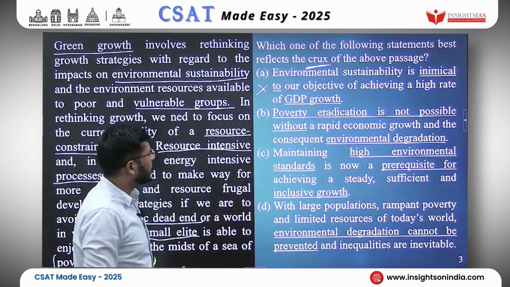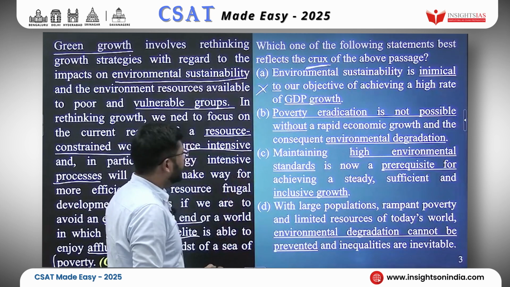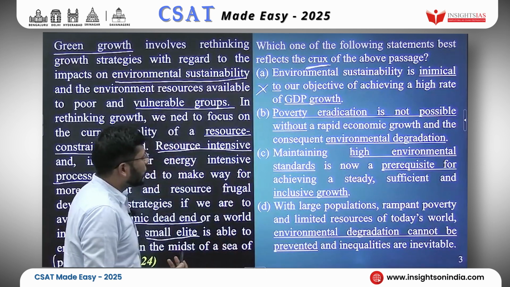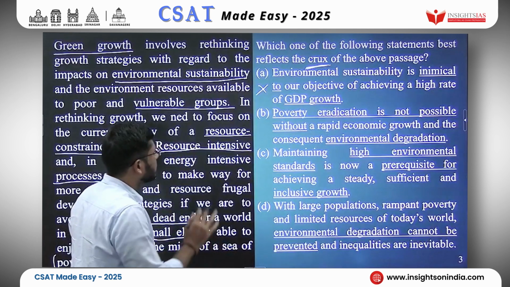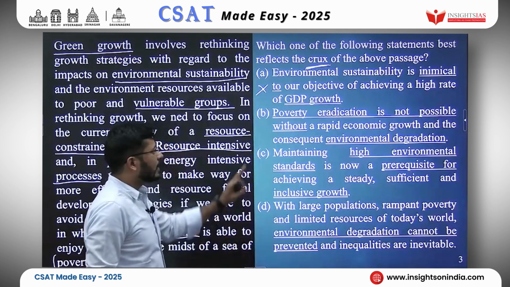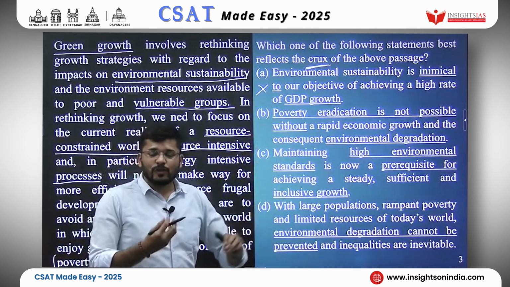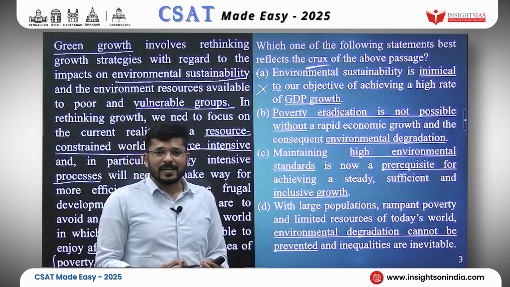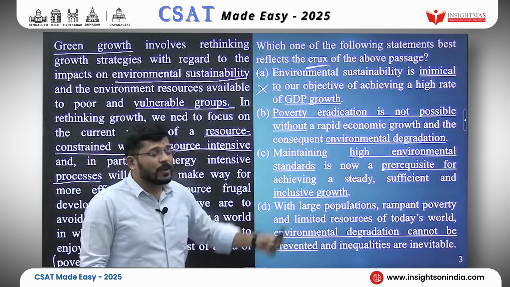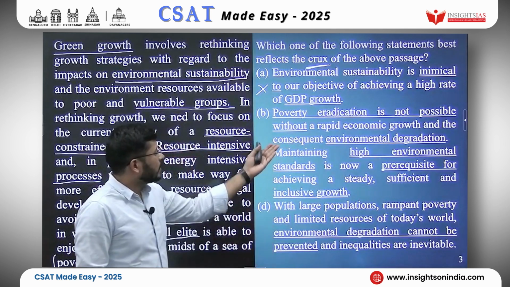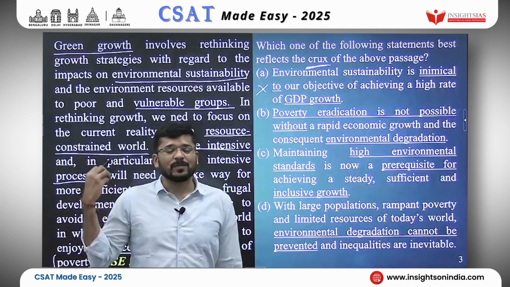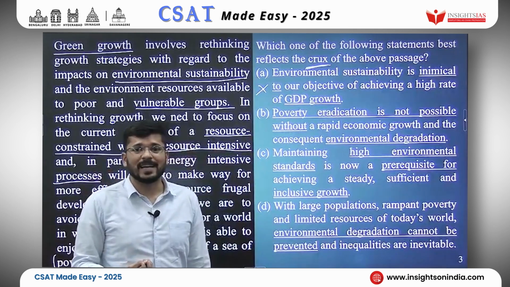Let's go to option B. Poverty eradication is not possible without a rapid economic growth and the consequent environmental degradation. This says that if we are to attain poverty eradication, then environmental degradation is inevitable. And again, that is not in agreement with the tone of the passage. What is the tone of the passage telling?